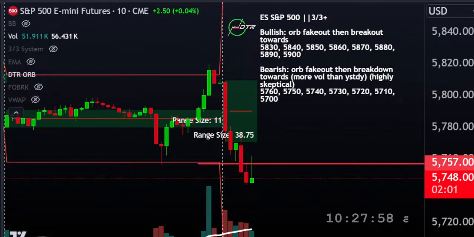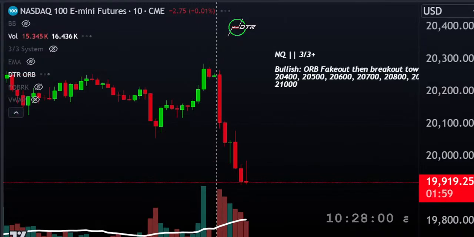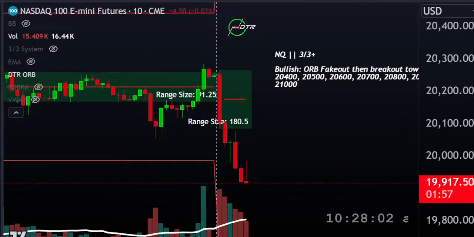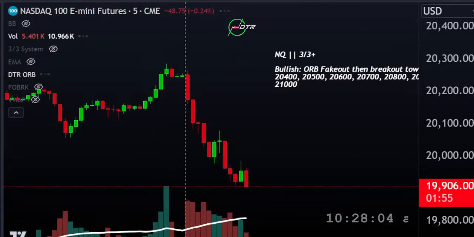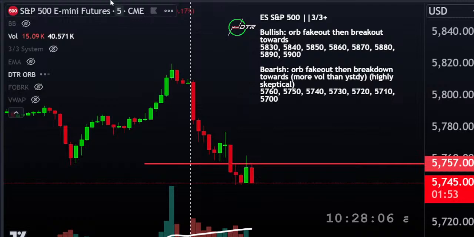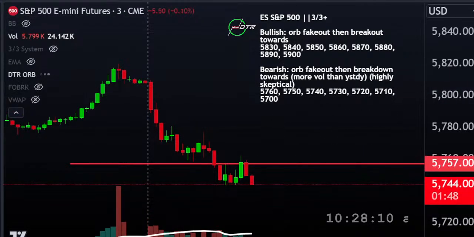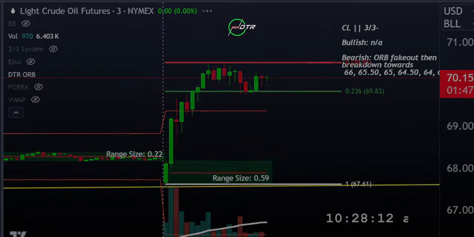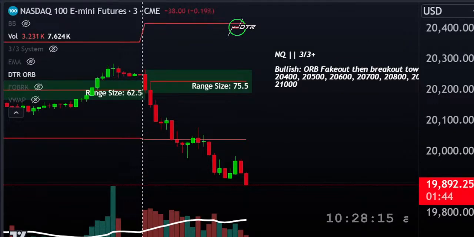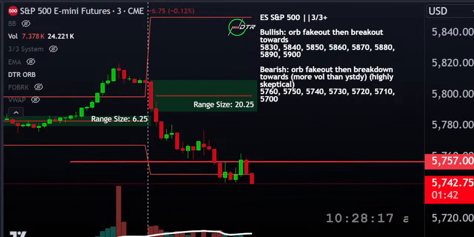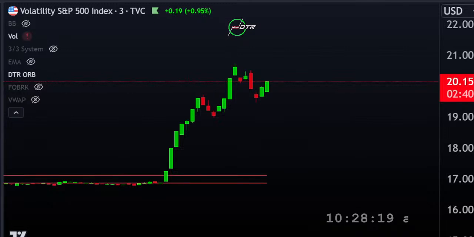So unless NQ pulls off a miracle here, I don't think we're going to close that 60 points higher, right? That level we're looking at. And VIX back up above 20.